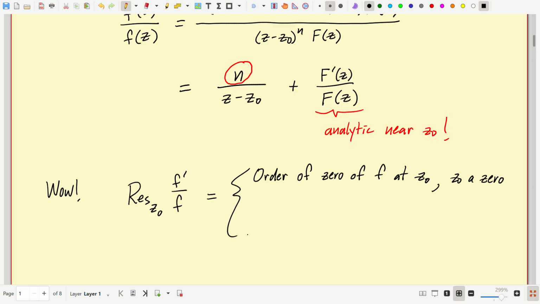And if it was a pole, then of course that would be a minus n, so it would be minus the order of the pole, if z naught is a pole.